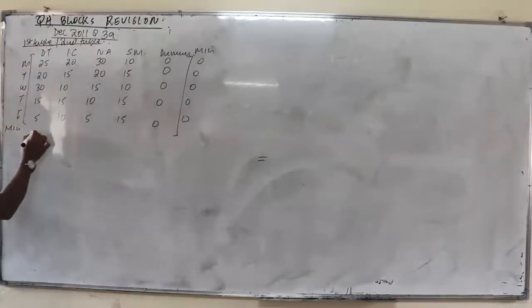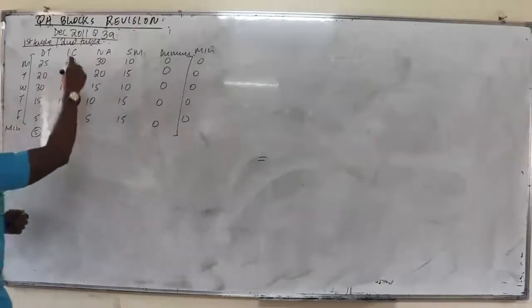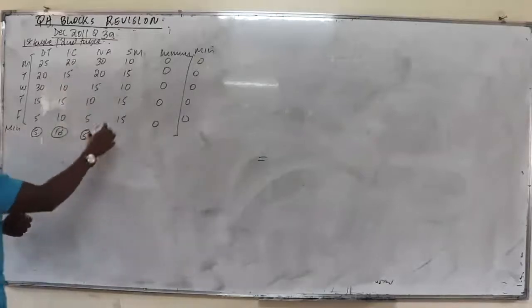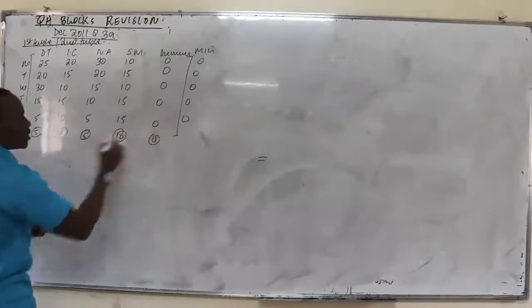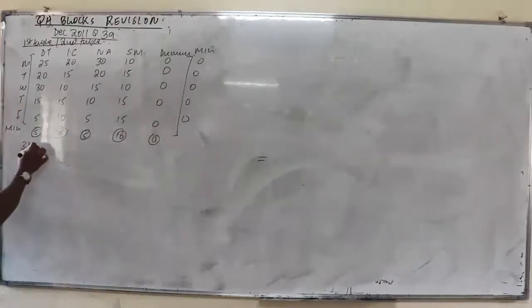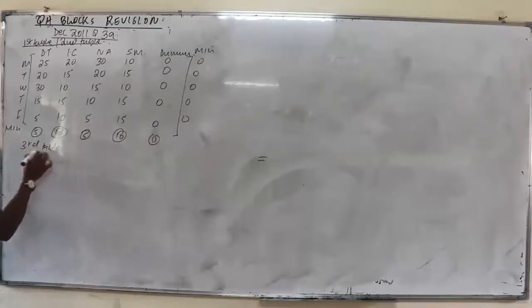Then from the second table, you take the minimum across now the columns. And the minimum you have is what? We have 5. We have 10. We have 5. We have 10 and we have 0. Then from the second table, we go to the third table.